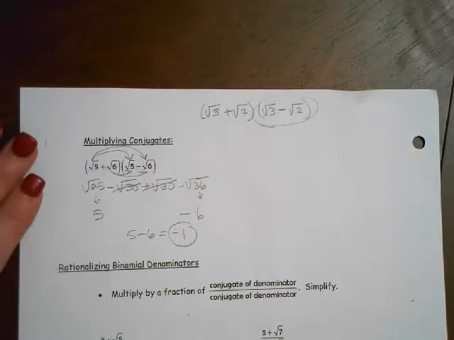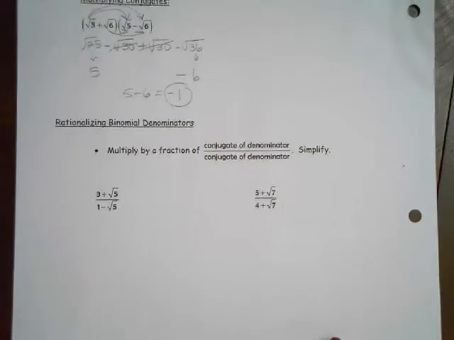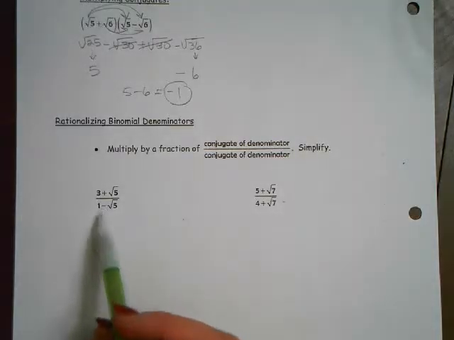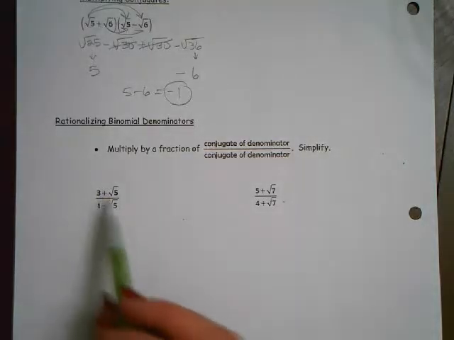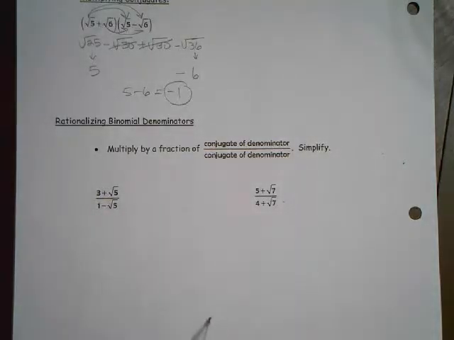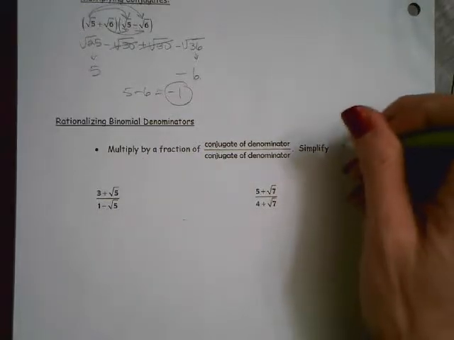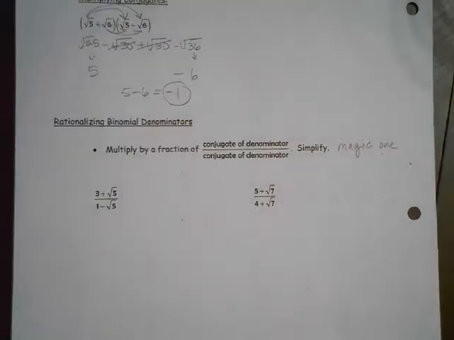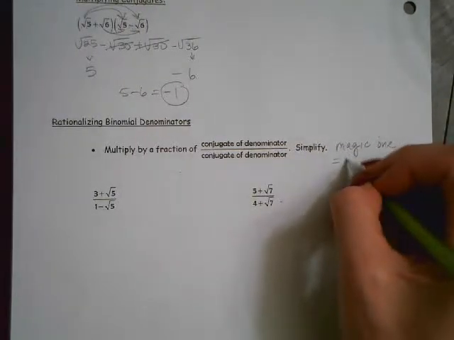So why is this important? Well, if you notice in the examples down here, we have fractions, but they're not just radical expressions. They actually have other numbers with them. They're binomials. So how would I get rid of a radical within this? My magic 1 value that I'm going to use is going to equal my conjugate.